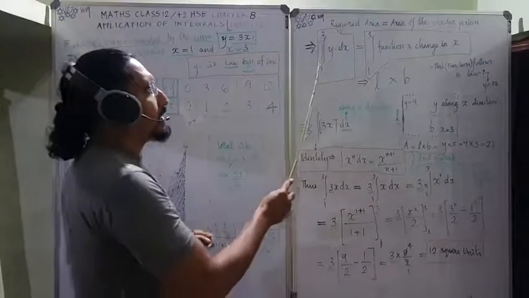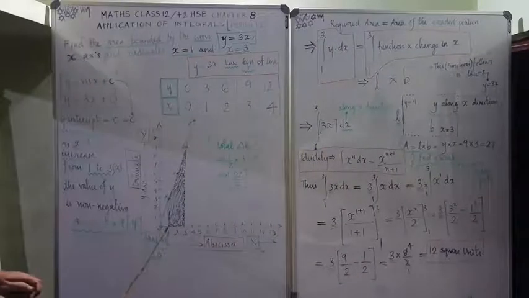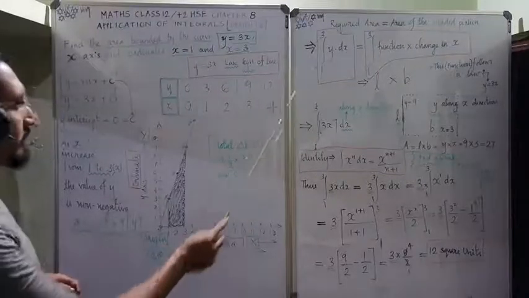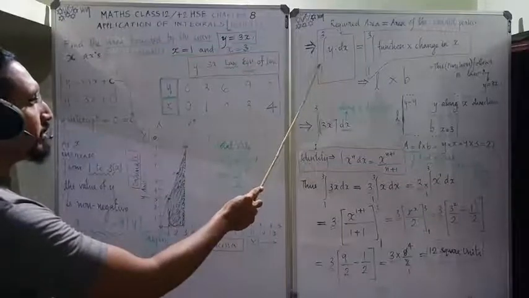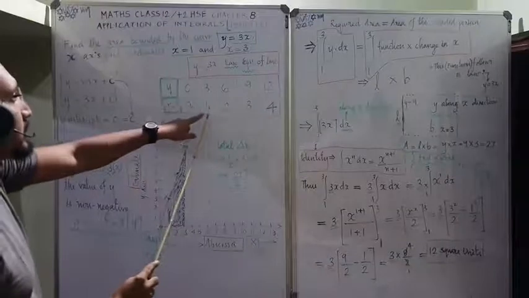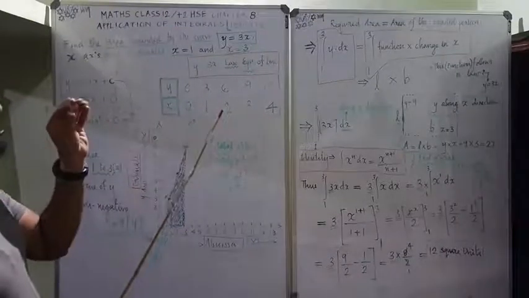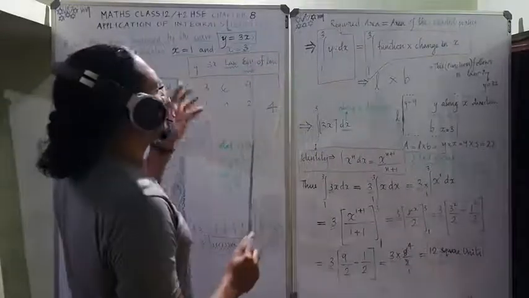That means writing the integration symbol, and from where to where you want to find out, from 1 to 3. The function is written over here, and along the direction in which it moves the limits are written. That is, in integrals, we should write it as a definite integral.